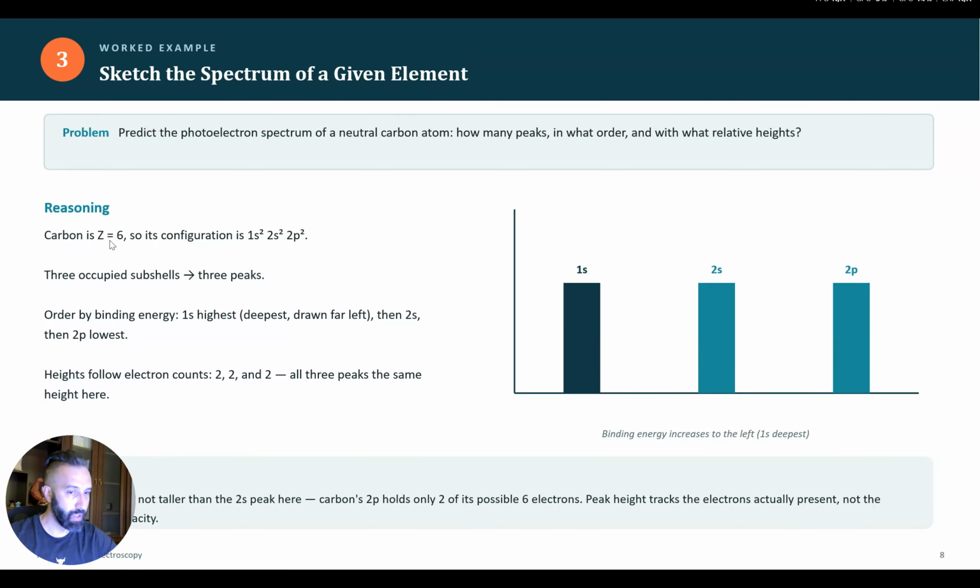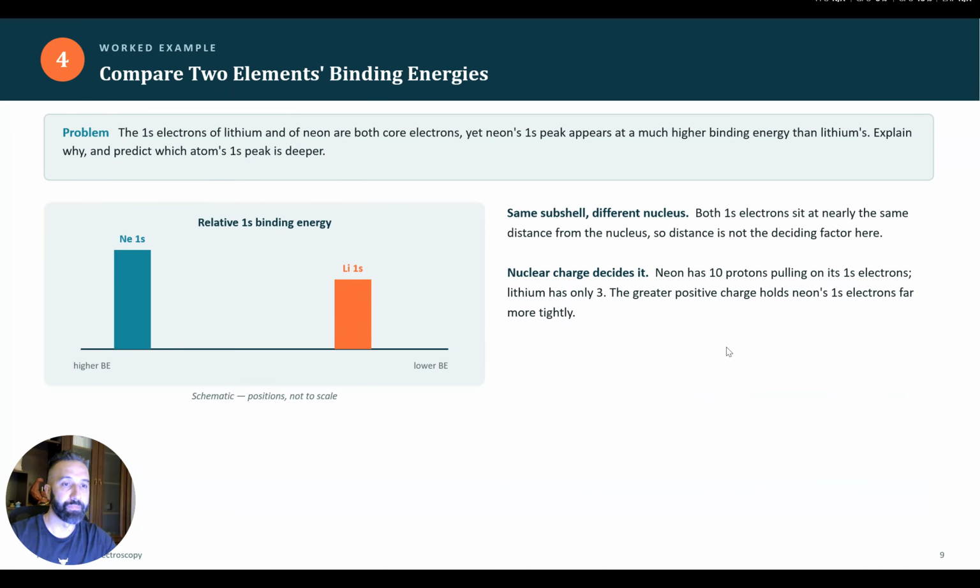So you can then just fill in the configuration. It's going to be 1s2, 2s2, 2p2, and then it's just going to look like this, right? Because this peak must be equal to this one. So as you can see, this is again pretty simple.